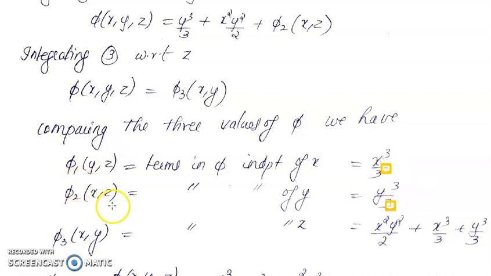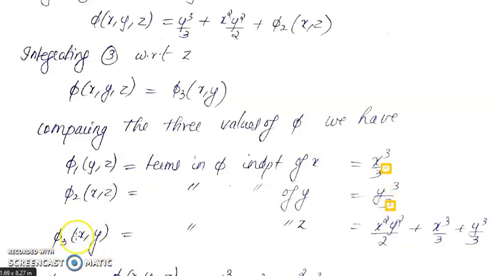Now phi 2 of xz is the terms which contain x and z, that is, the terms which are independent of y. So the only such possible term is x cube by 3.